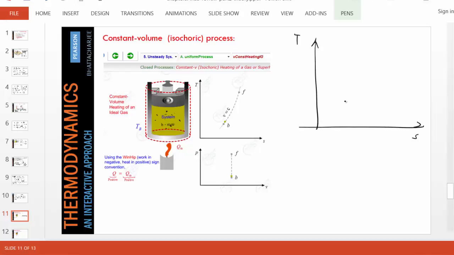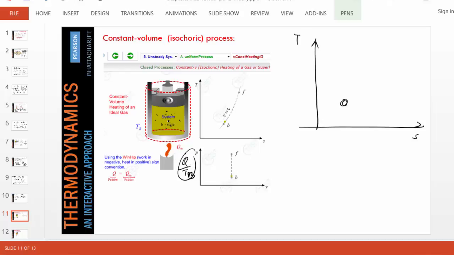Suppose in the beginning we have a state here. This is my state B. Now as I heat the gas, obviously the temperature will increase. And we can also think of entropy increasing, right? Because as we add heat, we are adding entropy at the rate of Q dot over T_b.